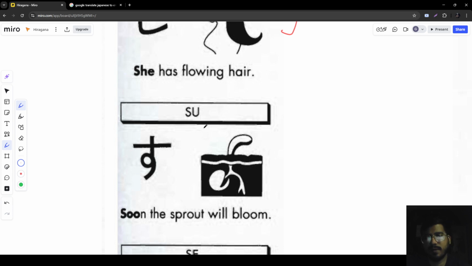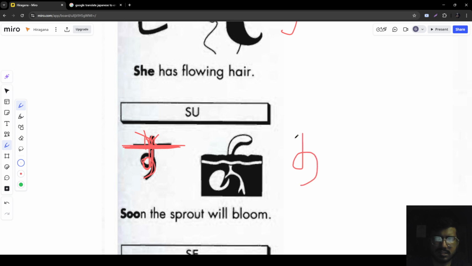You can consider this as the land level, ground level. This is the sprout coming out of the ground, out of the soil. This is the soil, and these are the roots of the sprout. Soon the sprout will bloom. It's blooming, right?